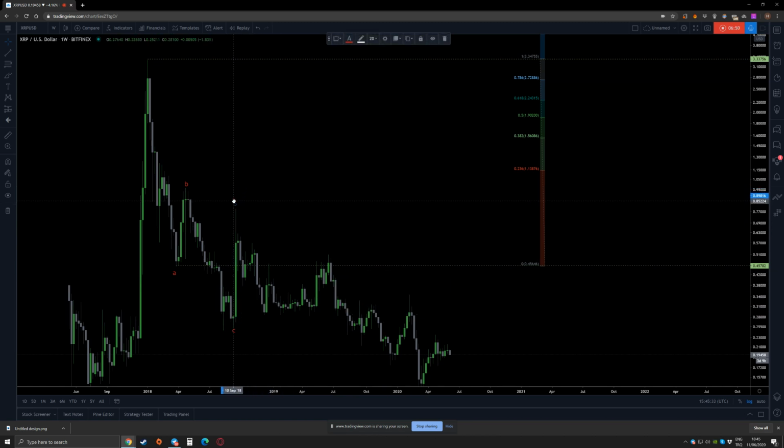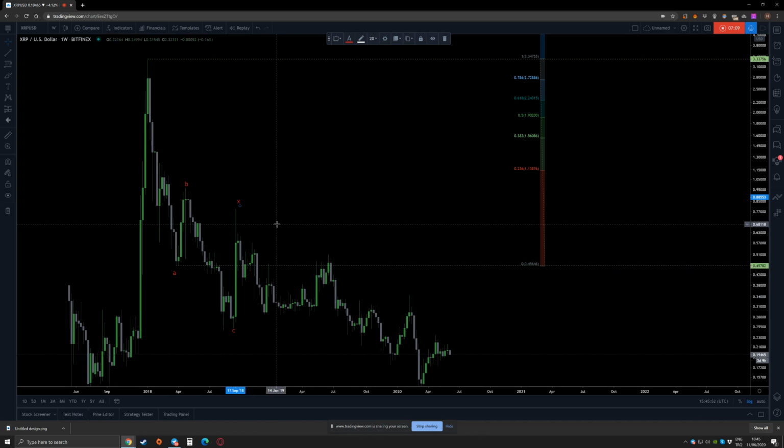Now, did the X wave end here, or here, or here? We don't know yet. So let's try to play with the possibilities. If this wave X ended here, what can it be?